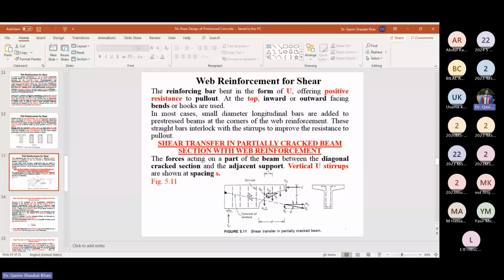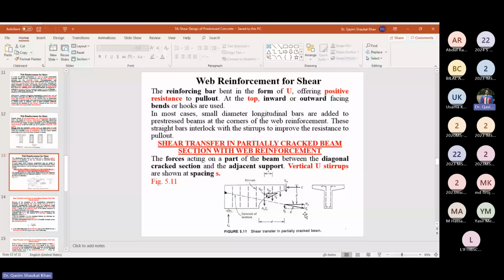D is the depth of the section. Fine. Then we have this VP and PE. This we will discuss because this VP is basically PE sine theta, effective pre-stress.